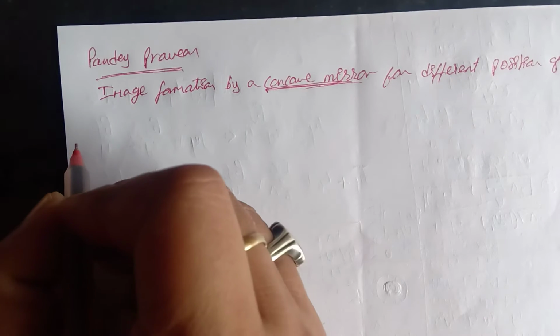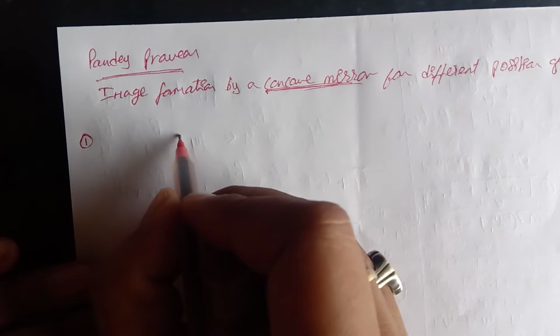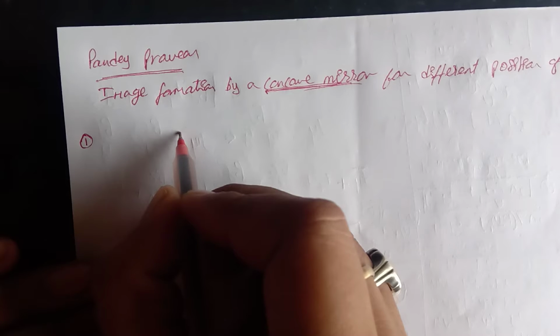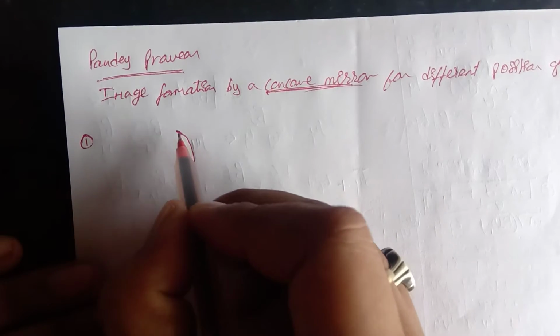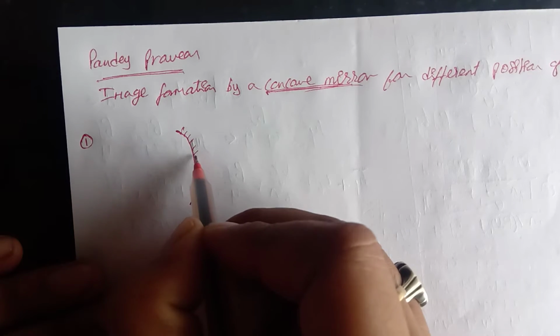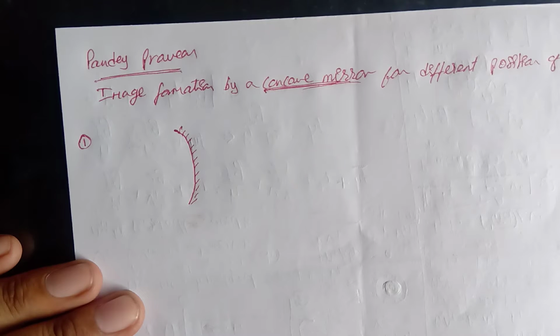Of that, the first case. First of all, let us draw a concave mirror. If this is my concave mirror and this shaded part is the back of the concave mirror, and reflection would be taking place here.